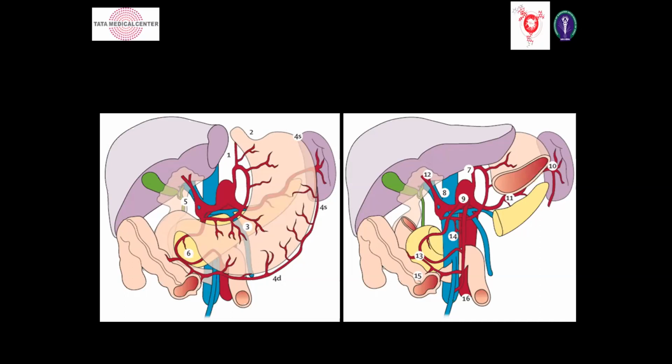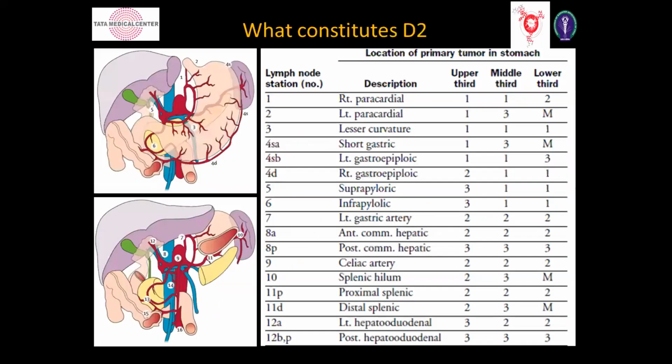And the Japanese have pioneered the concept of the different stations of lymph nodes. These are the different groups of lymph nodes, which is technically basically a surgeon's domain. But we should know which group of patients needs what kind of operation.